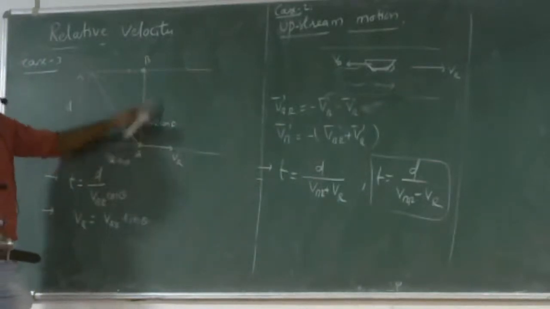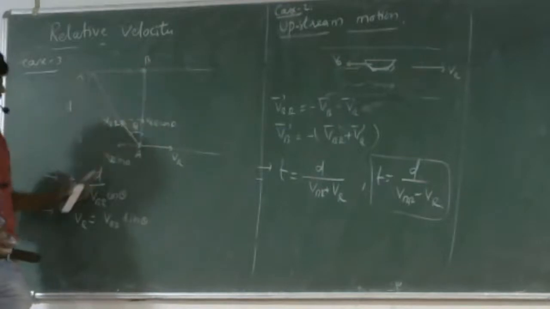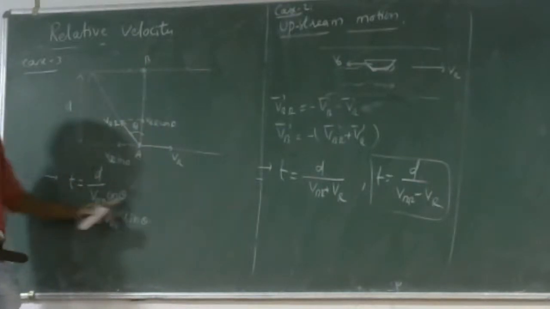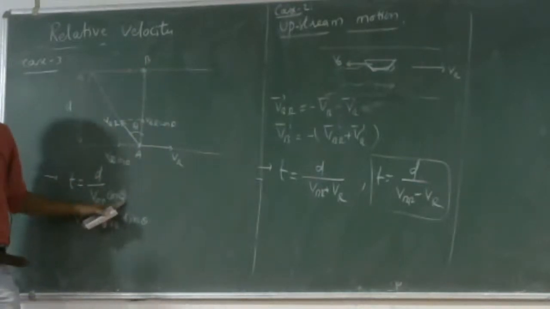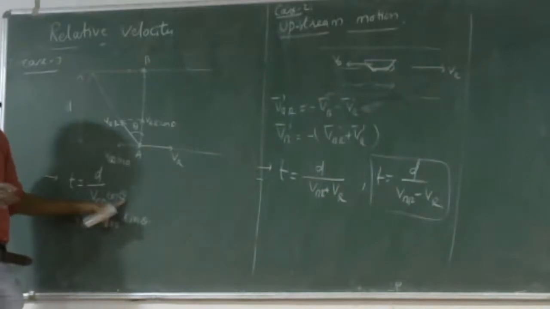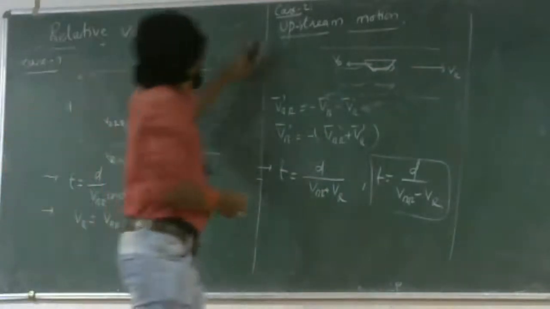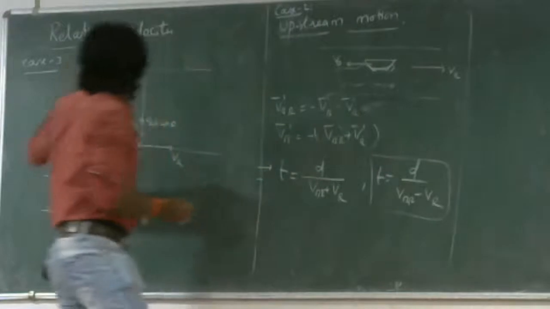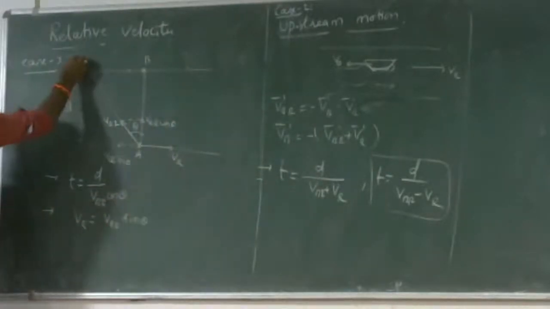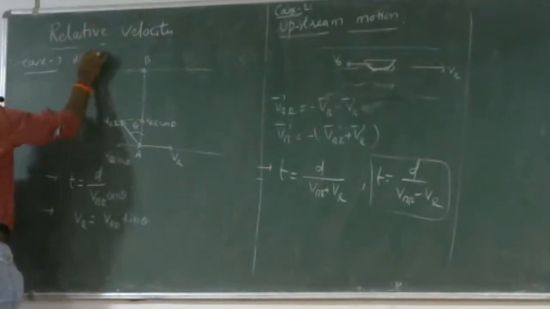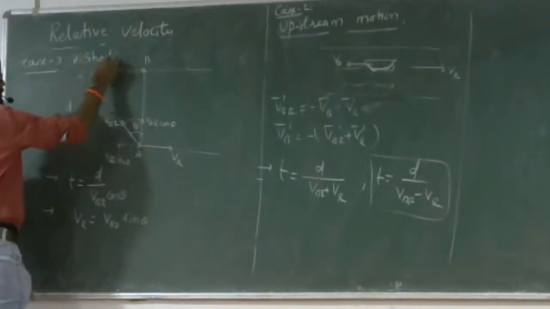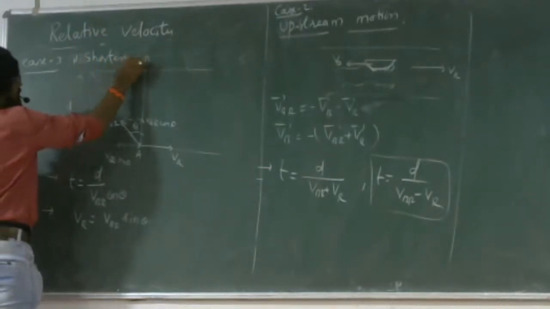Then this component is used to cross the river, and the time is equal to d by VBR cos theta. Simple case. Okay? Right. Next, this is called the shortest distance path, crossing the river in the shortest distance path.